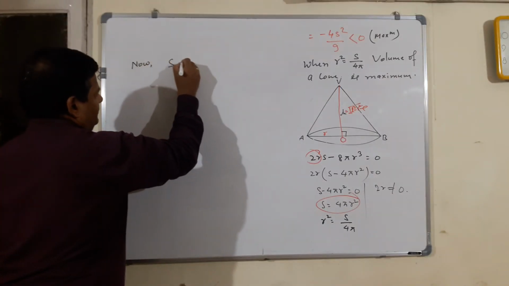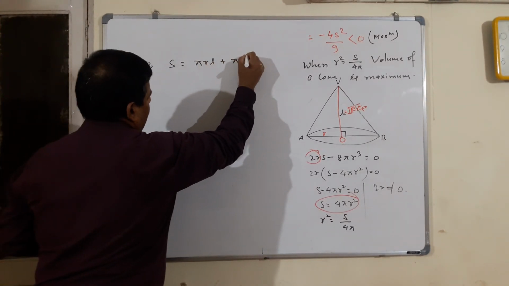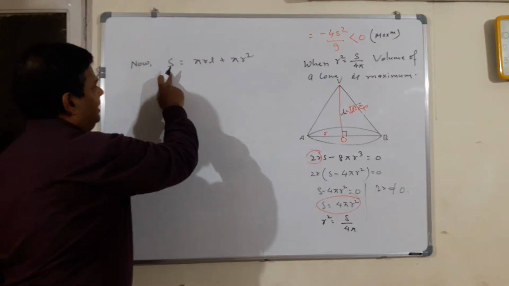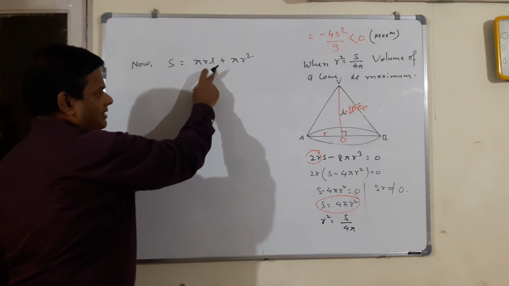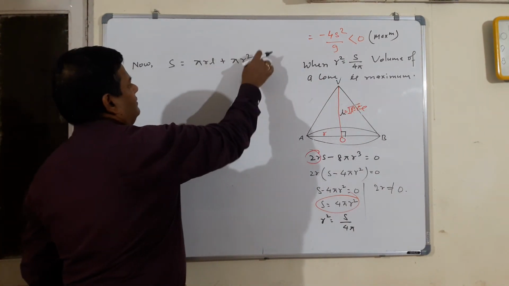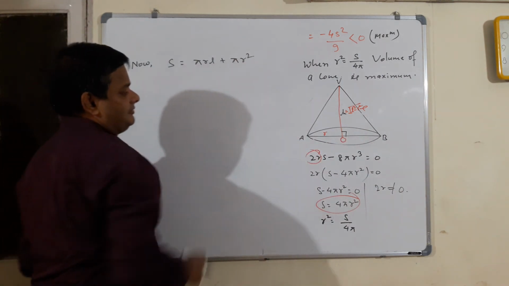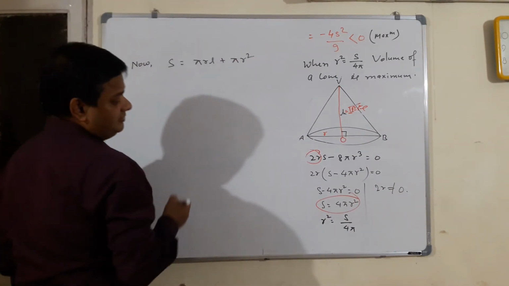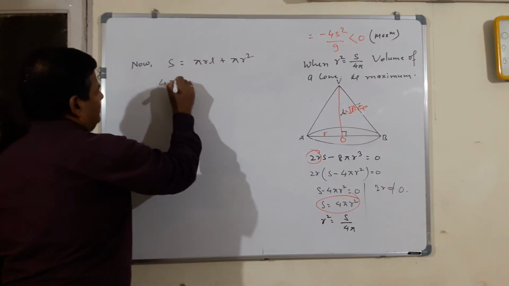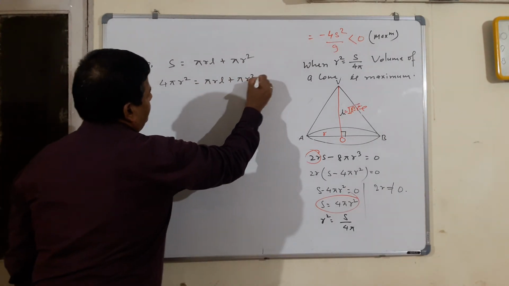Surface area S is equal to pi RL plus pi R square. Pi RL is the curved surface area of a cone, plus area of a circle. This is the total surface area of a cone. So we have S is equal to 4 pi R square is equal to pi RL plus pi R square.